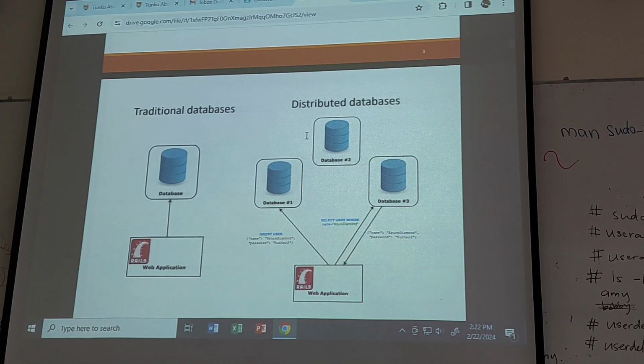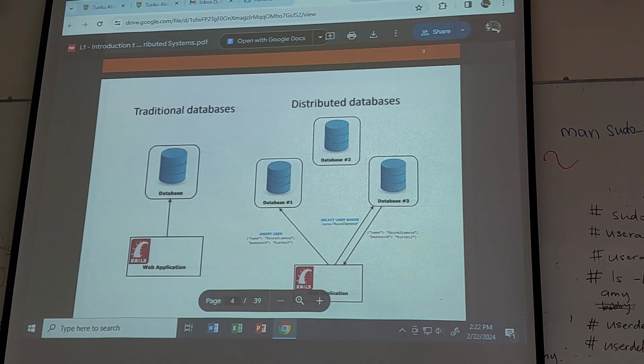So the whole idea of distributed system for this database is to distribute the task. Each one of the databases has its own task to perform the job. Why we want to do so? This will provide a way to lighten up the work.